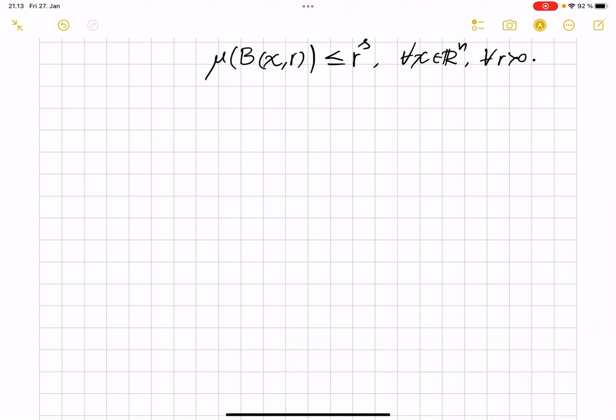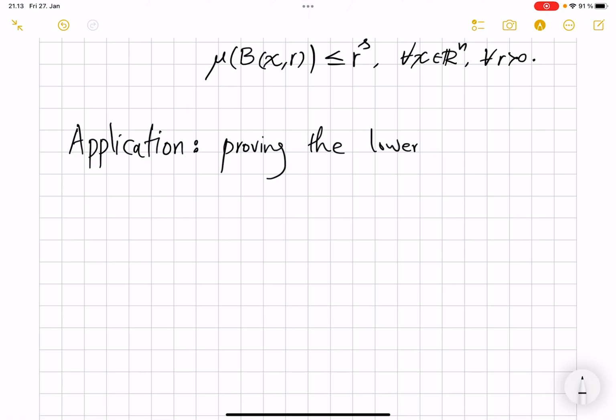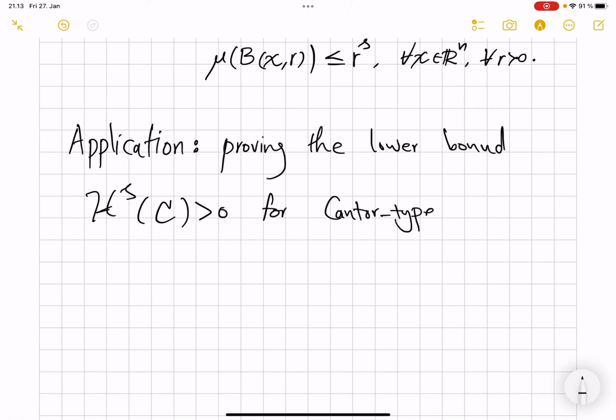That application has to do with finding, so the application is proving the lower bound HS of C positive for Cantor type, not just Cantor necessarily, sets, which then, once you establish this, proves that the dimension of the Cantor set is what we suspect.